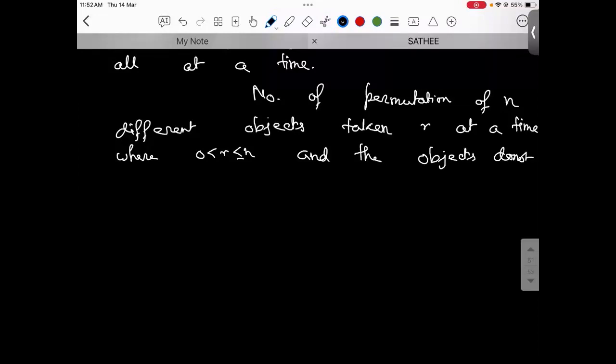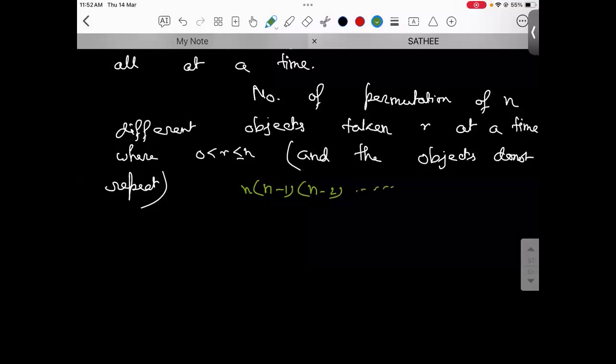This is subject to the condition that the objects will not be repeated. In that case, the number of permutations will be, let us write in green color, n into n minus 1 into n minus 2 and so on up to n minus r plus 1.